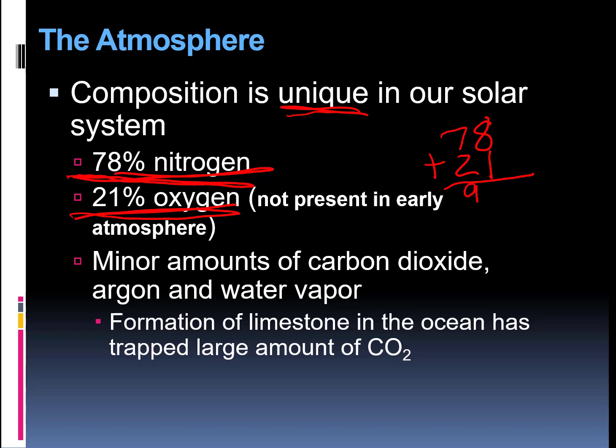Yes, it's 99%. So we hear so much about CO2. Now you know that CO2 cannot be more than 1%. Actually, it's less. So you can see that the CO2 is minor.